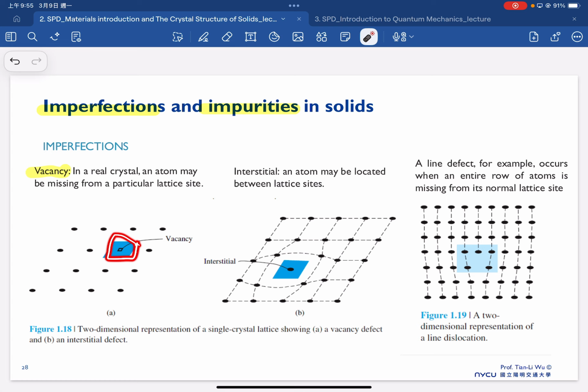The missing atom becomes a problem for the lattice plane, and this missing atom place is what we call the vacancy.